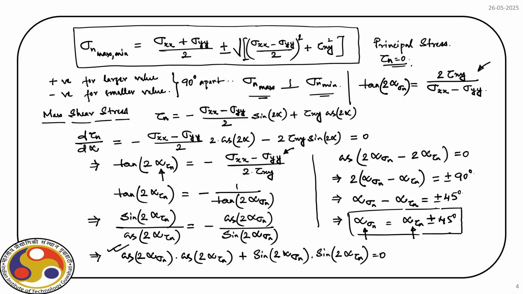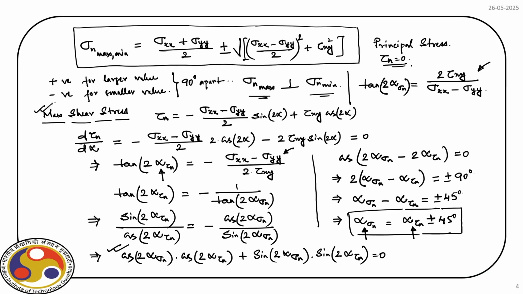So, we can easily sense the orientation. We have already figured out the orientation of principal stress. 45 degree to that is the orientation where we have maximum shear stress. It is very important expression. So, we get the orientation. Now, let us find out the maximum value of shear stress.